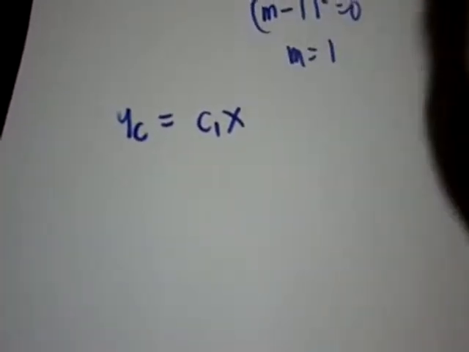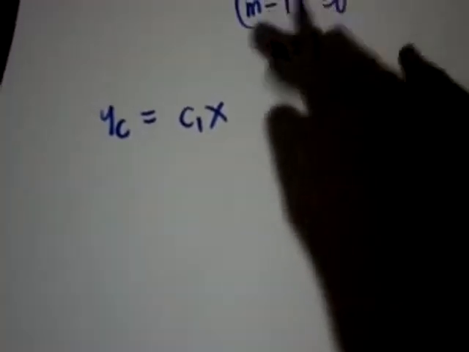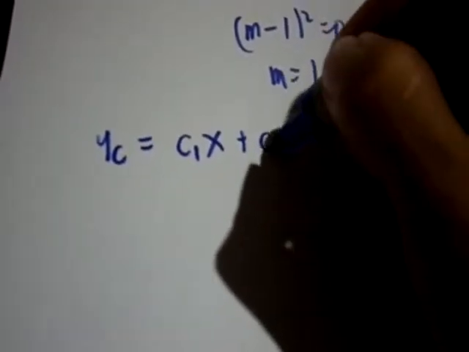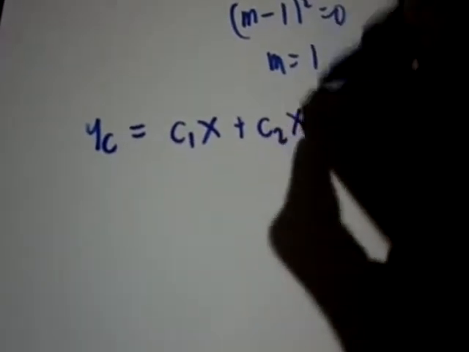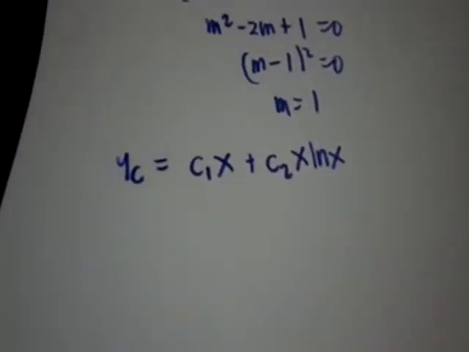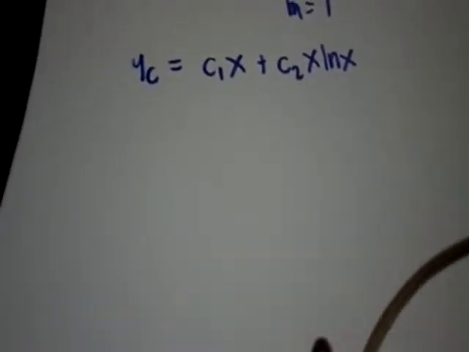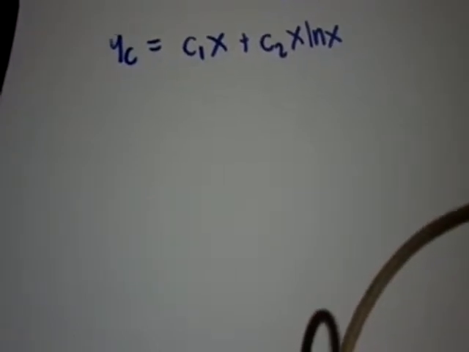x to the m plus c2 x to the m, which is 1, times ln of x. To get yp, we can use the undetermined coefficient method.